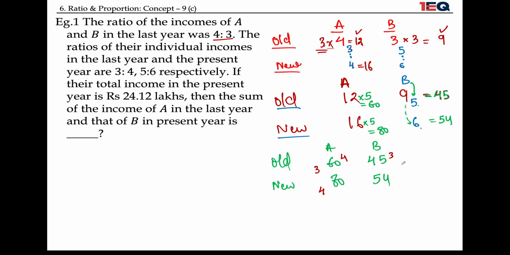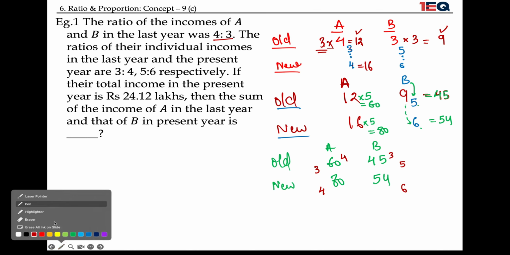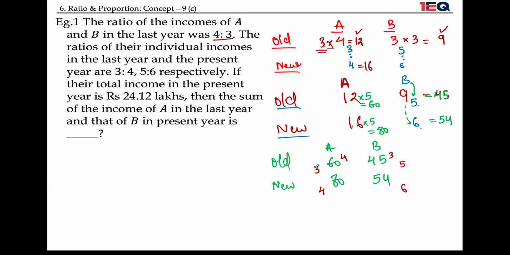And 5 is to 6: 9 5s are 45 and 9 6s are 54. So 5 is to 6 is also maintained. This only tells me that the way I followed was correct, and you should also follow the same way.